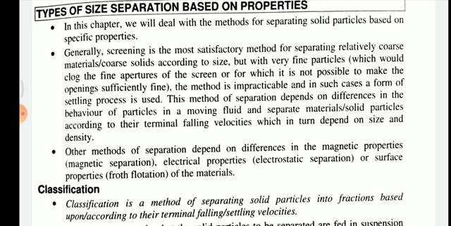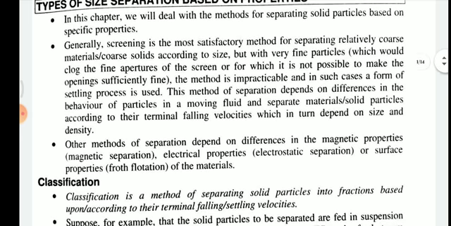So the method is impracticable, and in such cases a settling process is used. Generally, the most commonly used size separation is screening, but it is more for coarse material.